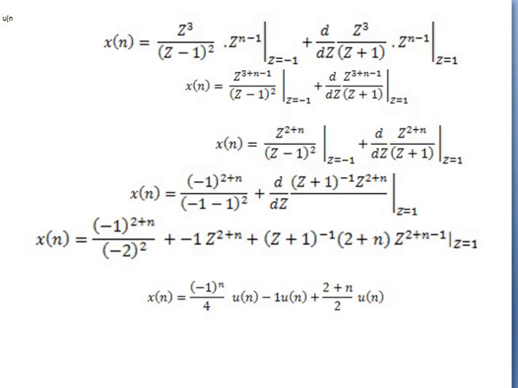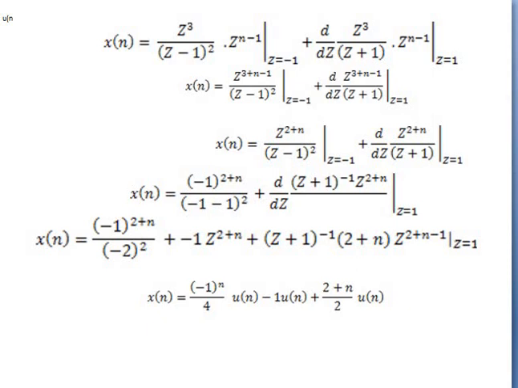First term substitute z equal to minus 1. So minus 1 the whole power 2 plus n by minus 1 the whole square, plus d by dz of z plus 1 the whole power minus 1 z power 2 plus n, z equal to 1.